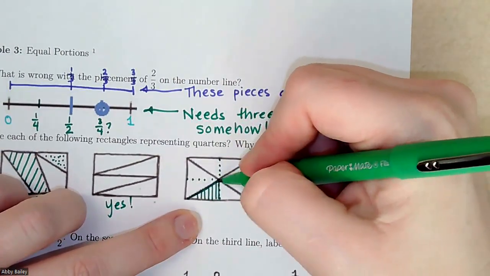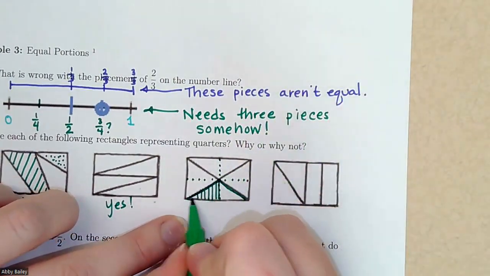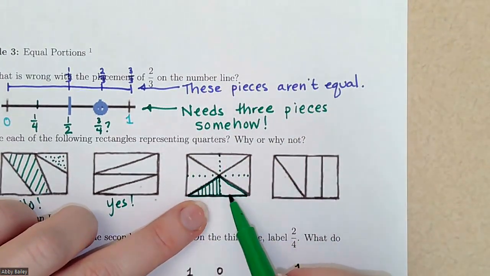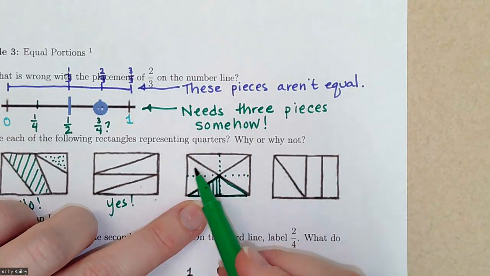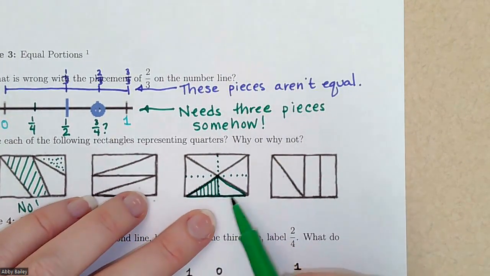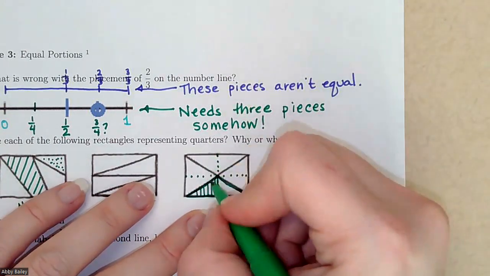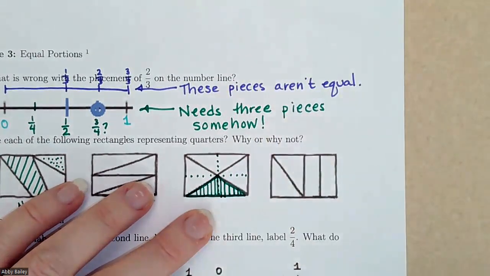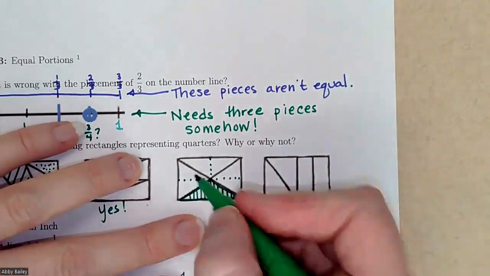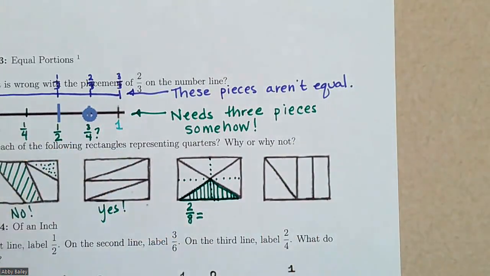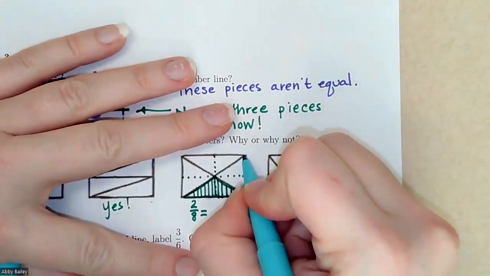Okay, hold on. First of all, I see 1, 2, 3, 4, 5, 6, 7, 8 equal pieces, 8 equal triangles, and this one happens to be 2 out of 8. So 2 out of 8 versus this one.